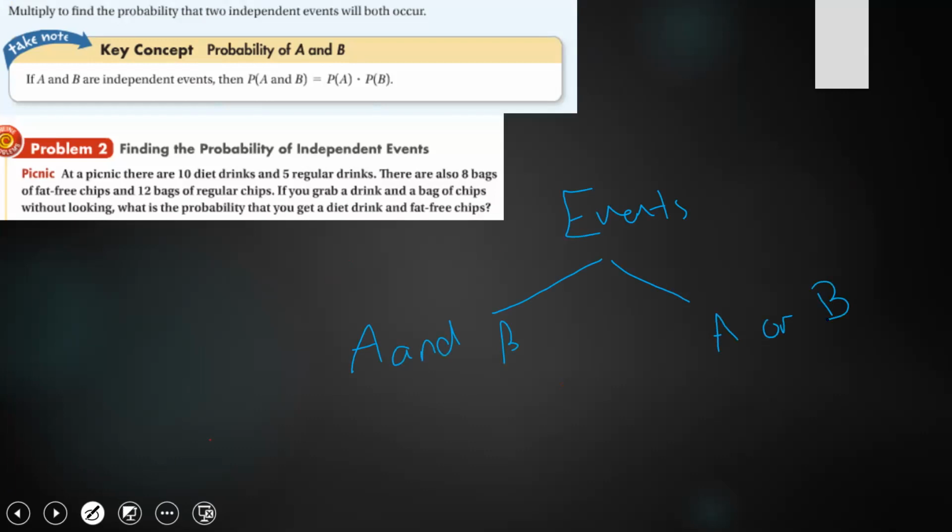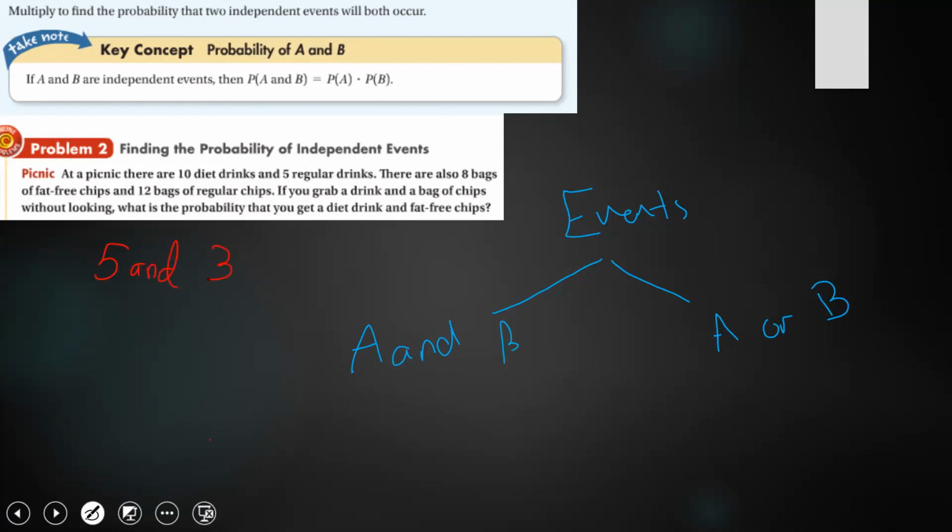Now, I want you to know that in probability, since we know that we have two events, we can find the probability of A and B and the probability of A or B. Now, if I told you in algebra or in mathematics, 5 and 3, what does it mean? 5 times 3?